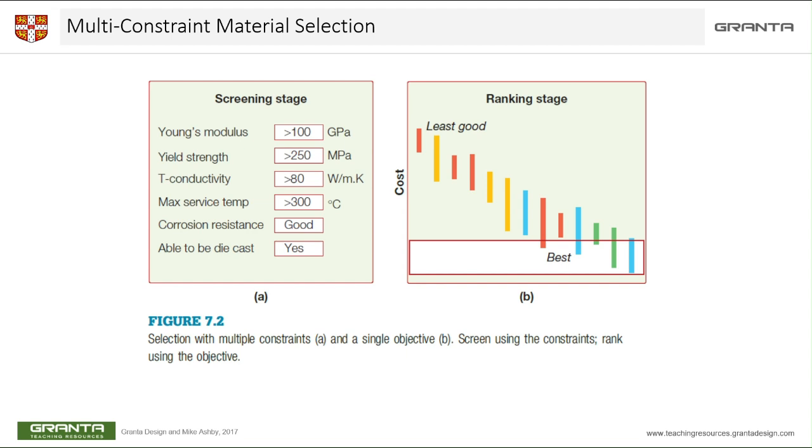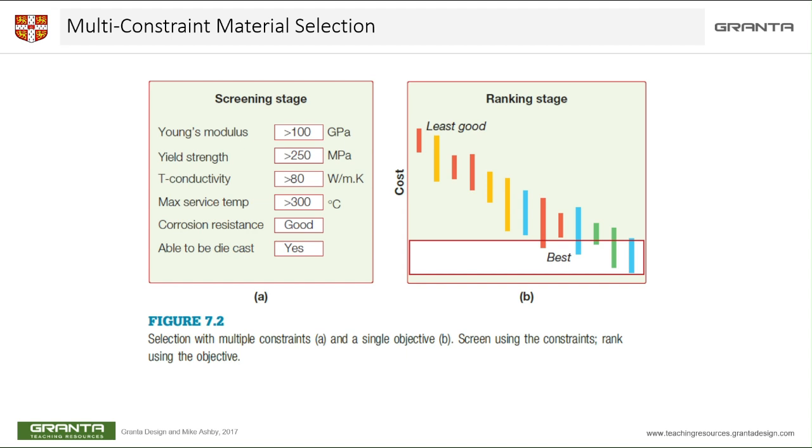I'm giving you a general list of typical constraints. For example, you can have a constraint on the minimum expected value of Young's modulus, minimum expected value of yield strength, thermal conductivity, maximum service temperature that you're expecting for your object, corrosion resistance properties, and even things like manufacturability or ability to be molded in that particular shape.